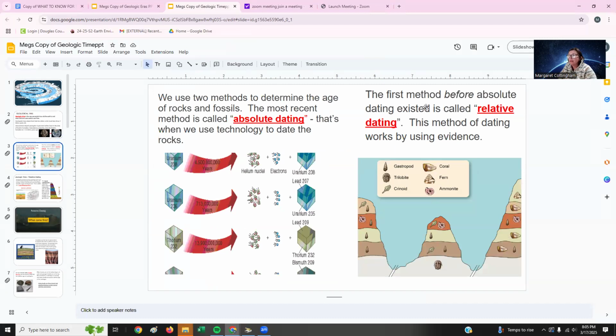Relative dating, basically, you have layers and you look at the fossils that are in those layers, or you just look at the layers themselves. And then you have absolute dating, which is scientific because we actually use the decay of nuclear radiation to determine how old a rock or fossil is.